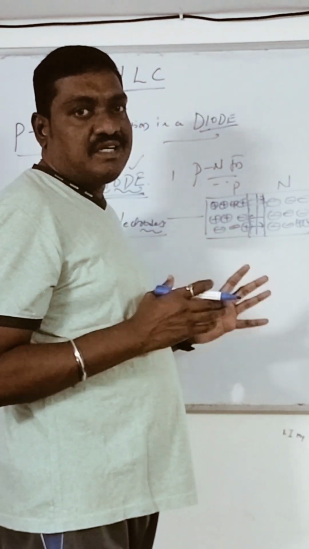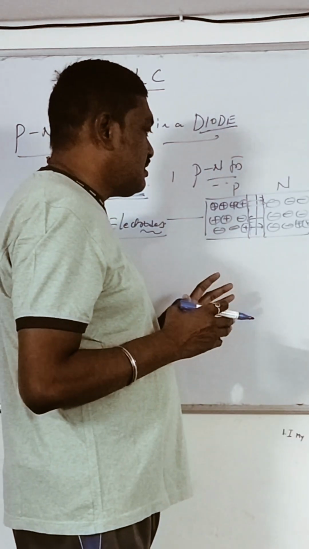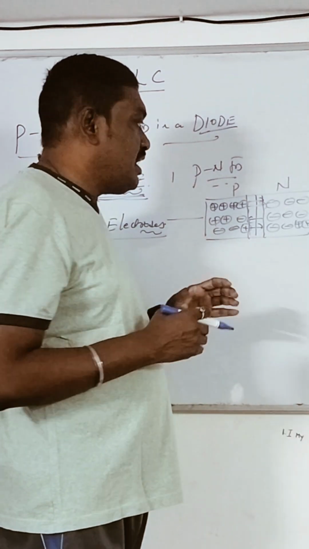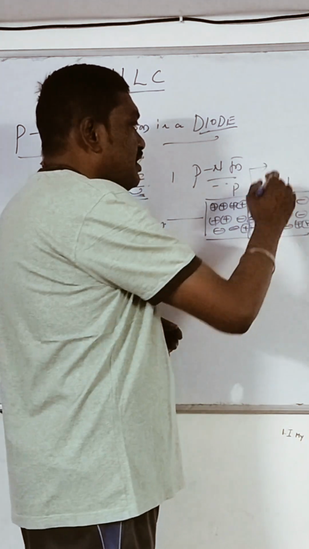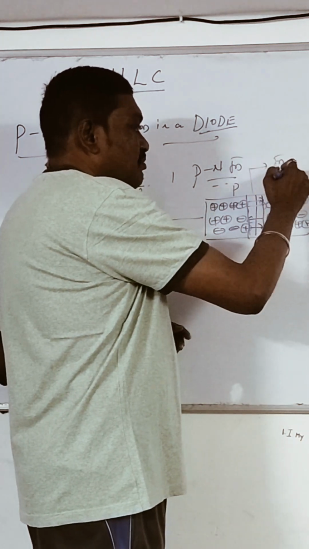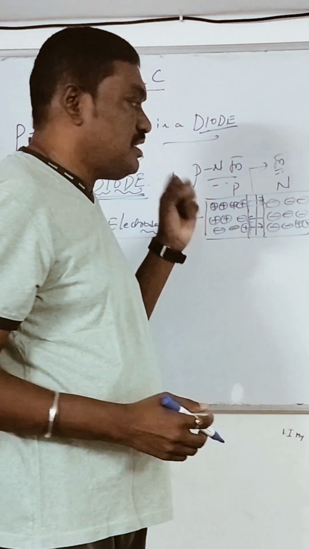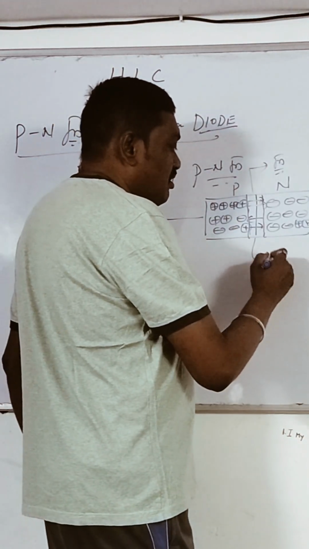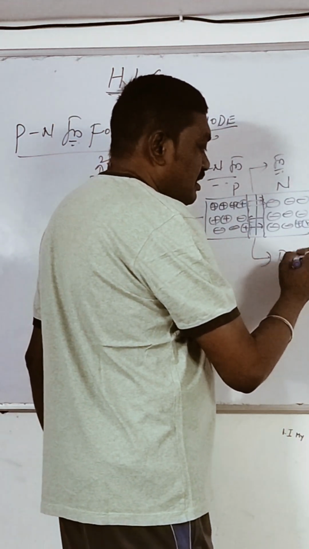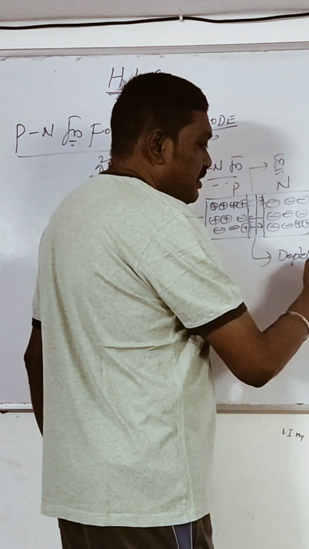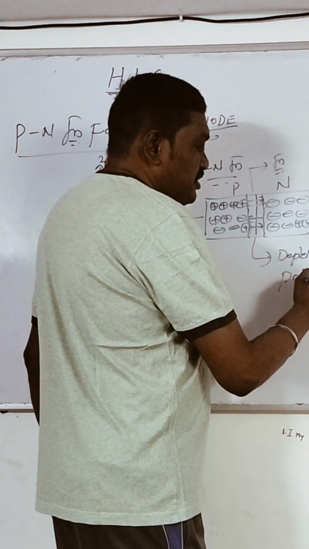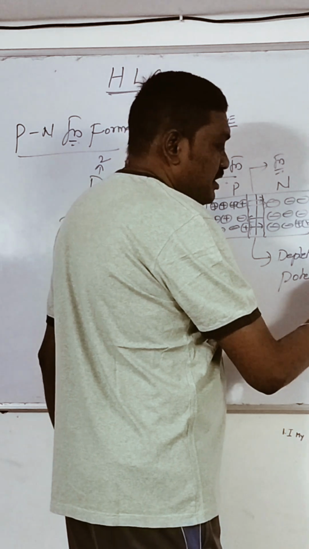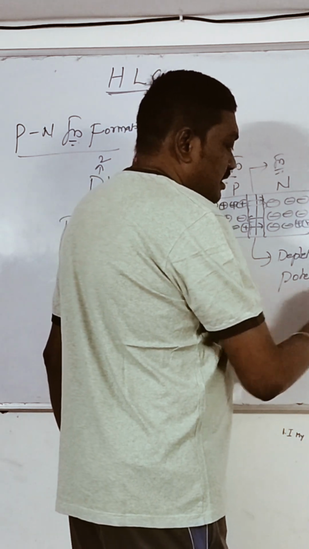It restricts the movement of charge carriers in the device, and this formation is what we call the PN junction, also called the depletion layer, and it can also be called the potential barrier.